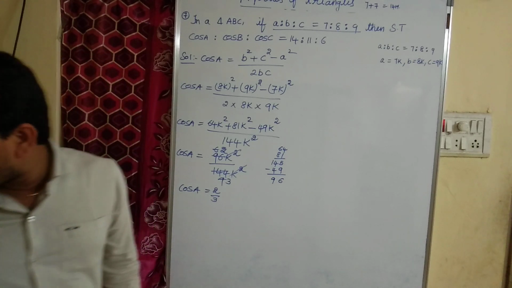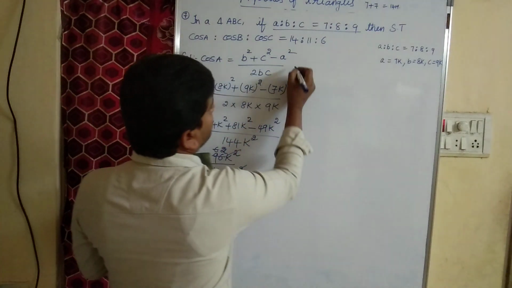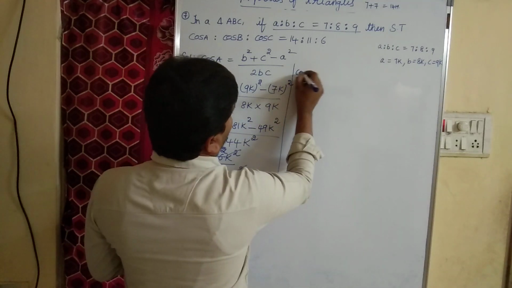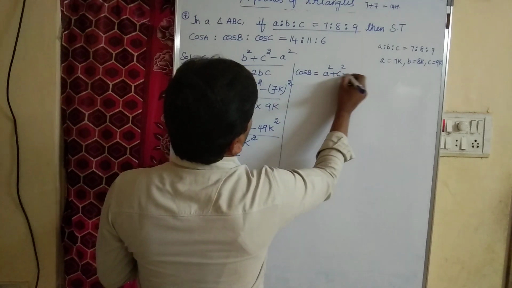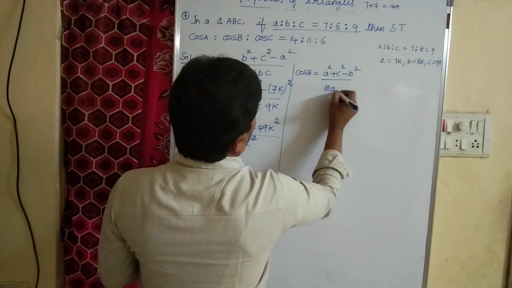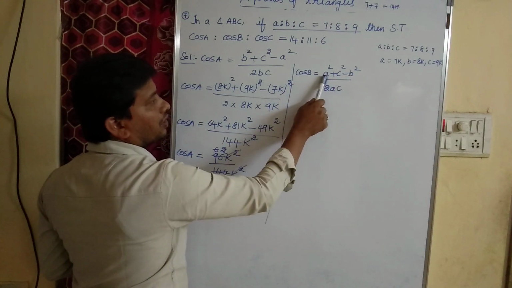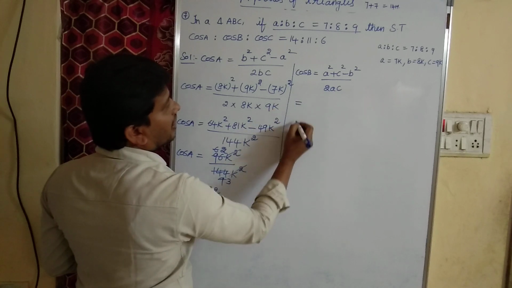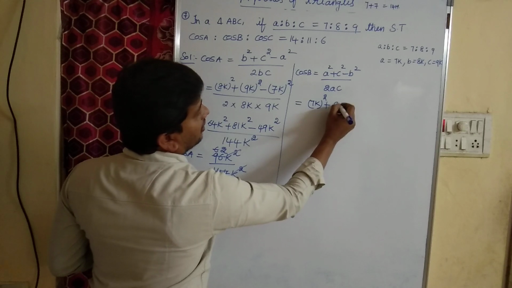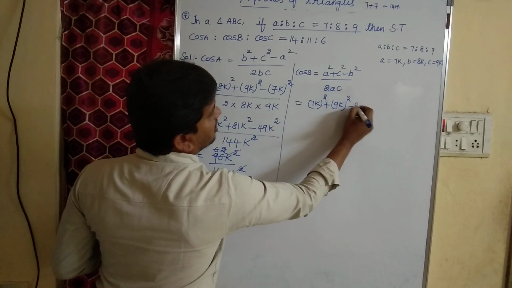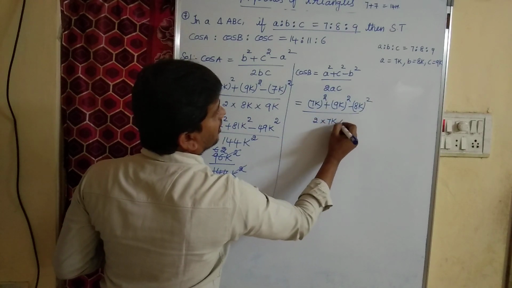Now let us find the value of cos B. So what is the formula for cos B? Cos B equals (a square plus c square minus b square) by 2ac. So a is 7k, c is 9k, b is 8k, divided by 2 into 7k, 9k.